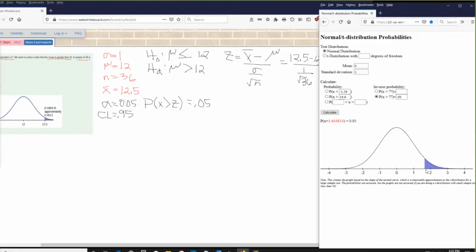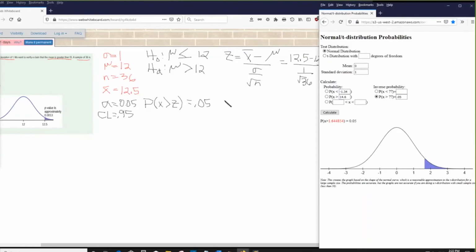So this is showing that when I have an alpha of 0.05, and I want to know the probability of my value being at that z value, which is right here where these two intersect, this is the probability of 0.05.